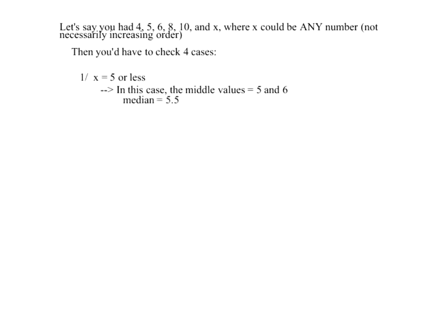Case 2, x is between 5 and 6. In this case, it would be 4, 5, x, 6, 8, 10, so the middle values are x and 6. And so your median is (x plus 6) over 2.